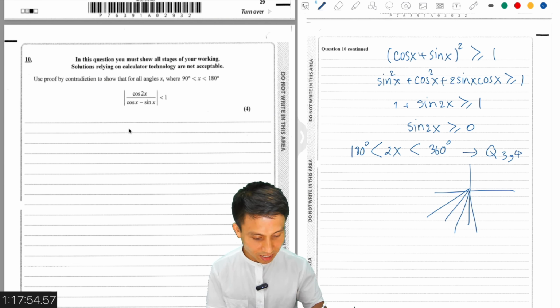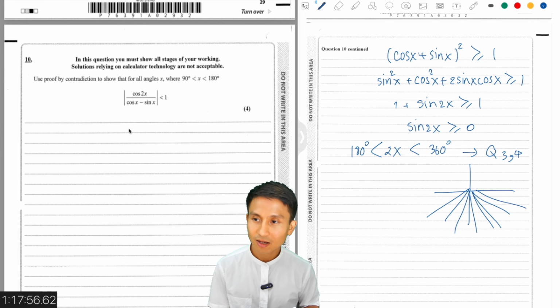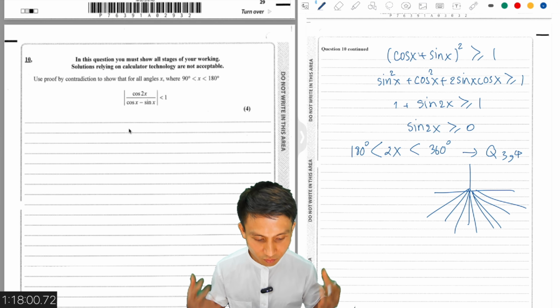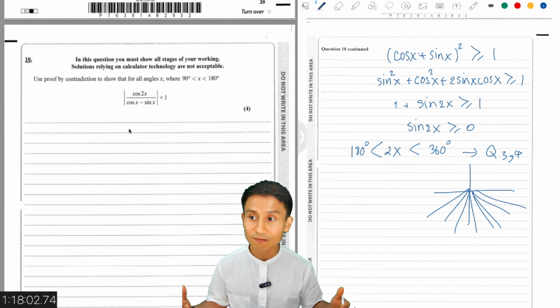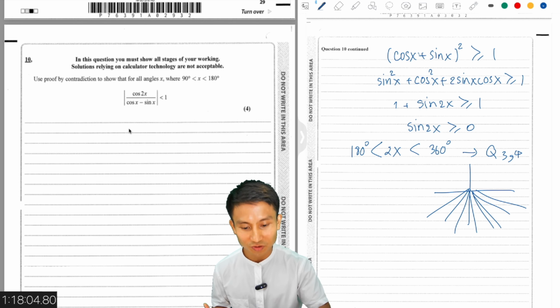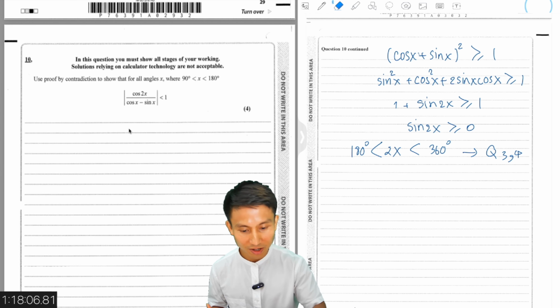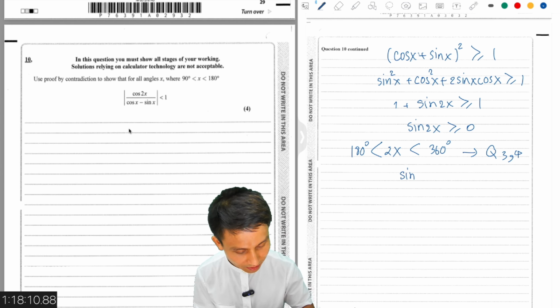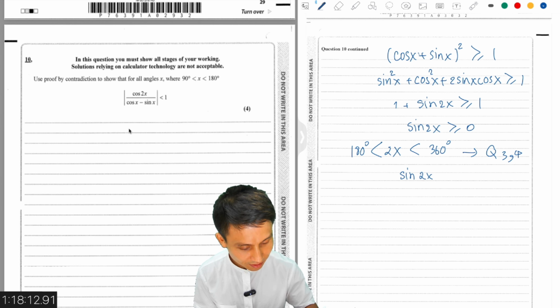So it could be anywhere along there. But we know that sine 2x in quadrant 3 or 4 is a negative value. So this is not true, right? Aha, we got it.